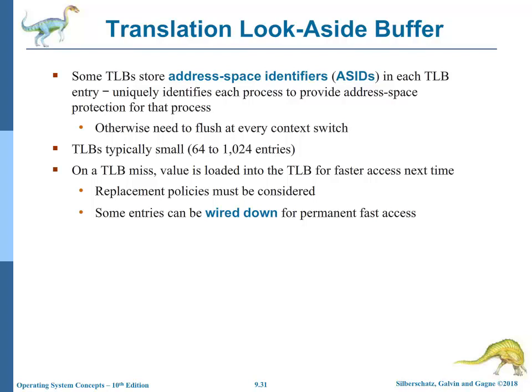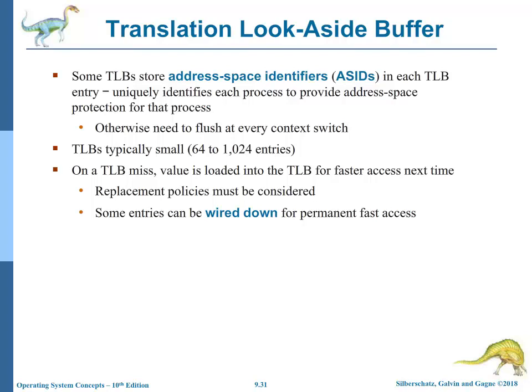Some TLBs allow some entries to be wired down, which means that they cannot be removed from the TLB. Typically, this would be kernel frames. Some TLBs store address space identifiers, ASIDs, to keep track of which process owns a particular entry in the TLB.